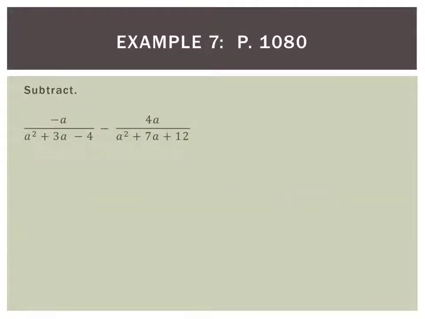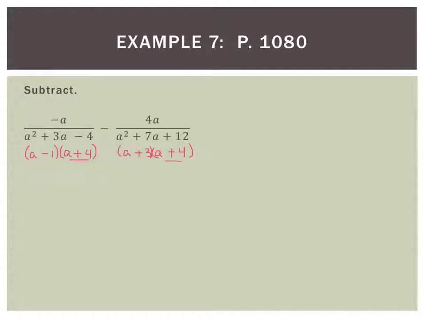On example 7, I need to factor my denominators to see what my common denominator will be. So that's a times a, 1 times 4, positive 4 minus 1 is going to give me my 3a. And then a times a, 3 times 4, 3 plus 4 will give me a 7.